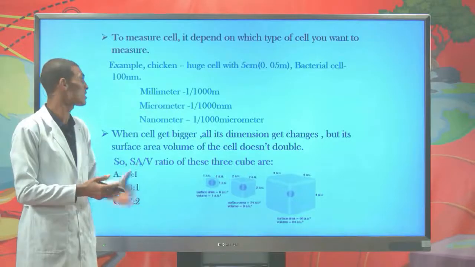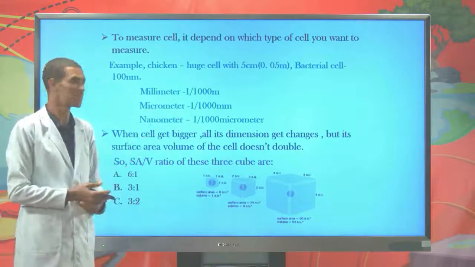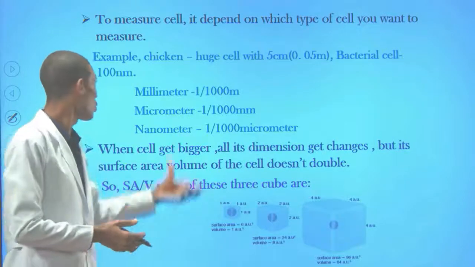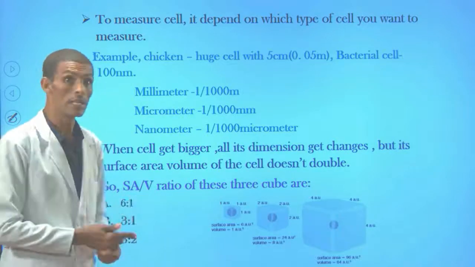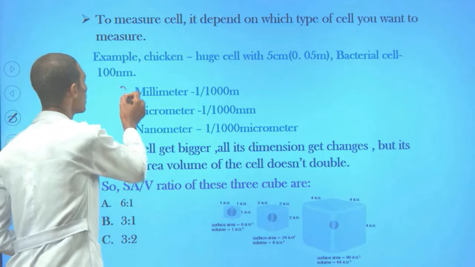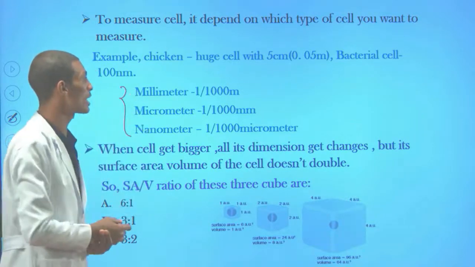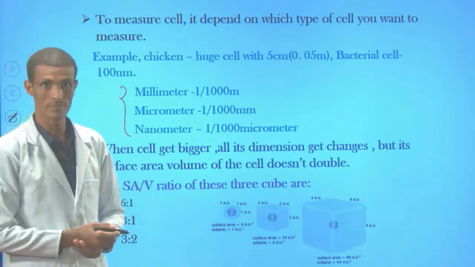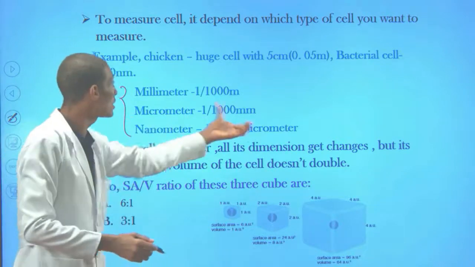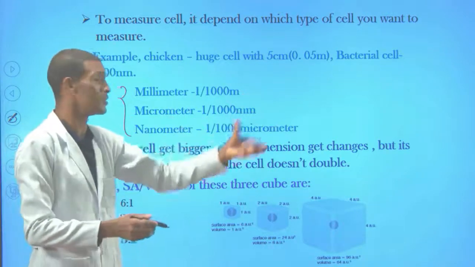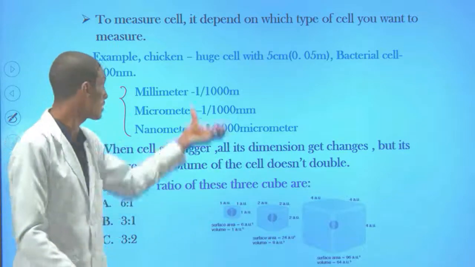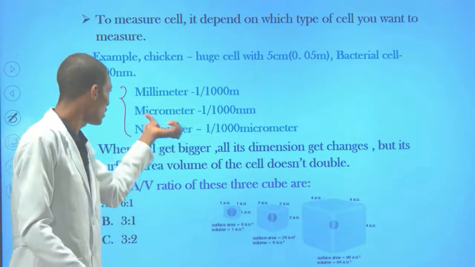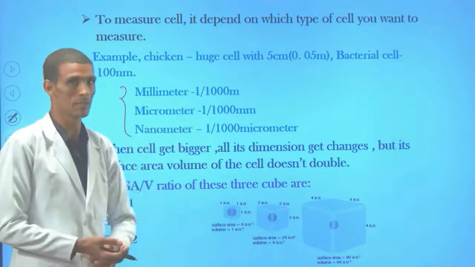To measure other cells, we may use micrometer, nanometer, or millimeter. These three are the smallest units that are very important in measuring the size of the cell. These are interchangeable, or interconvertible, units. We can convert millimeter into micrometer, and micrometer into nanometer.